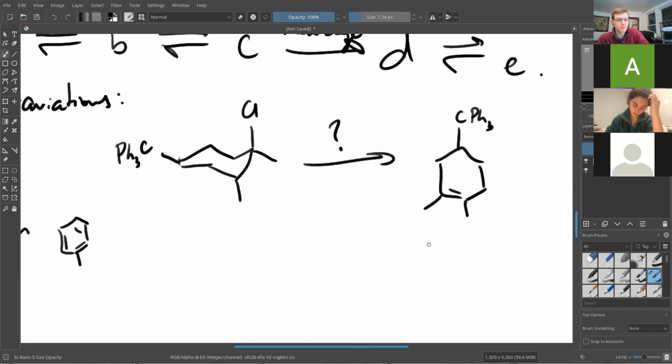I guess to get that specific product, could you give it silver nitrate and precipitate off the chlorine and then do E1? Yeah, you could. That is a great thought.